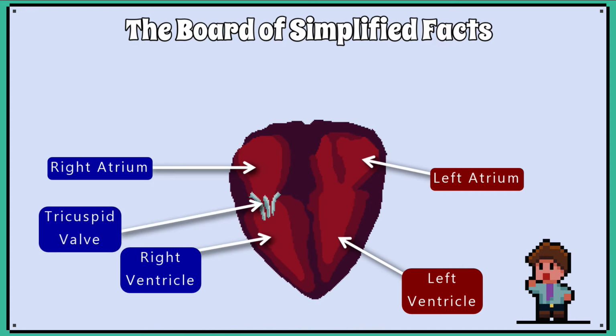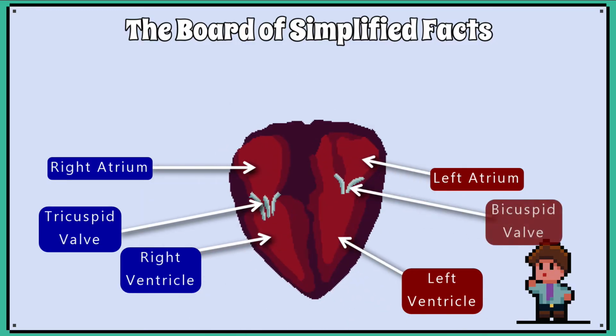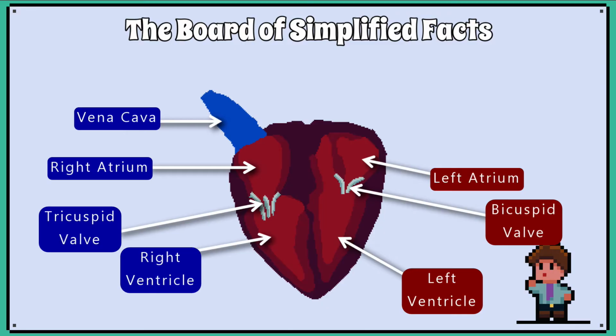Between the left atrium and the left ventricle is the bicuspid valve, which has 2 flaps. A good way to remember which side the valves are on is: right is tricuspid, and left behind, so bicuspid.